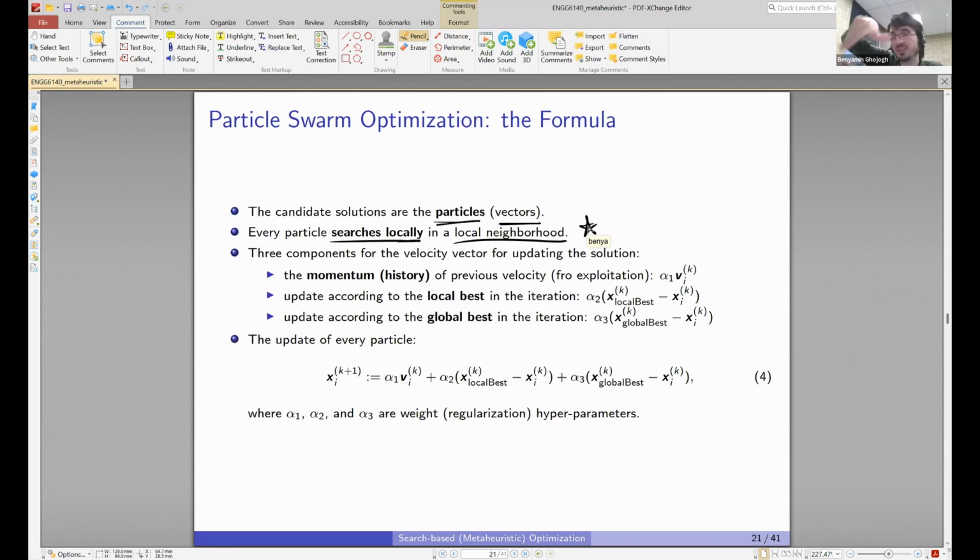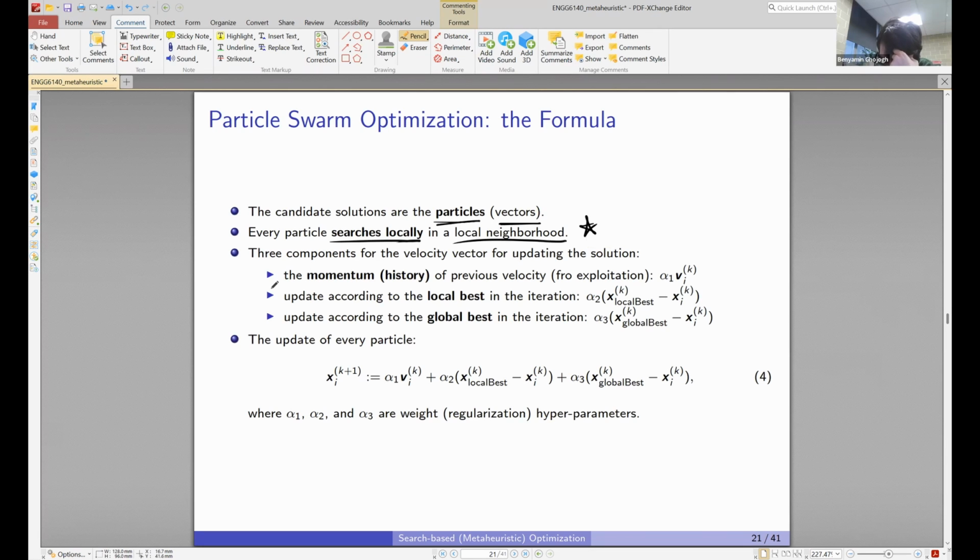So every chromosome doesn't have a local search around it. In the original variant of genetic algorithm, we have this. Maybe in some other variants of genetic algorithm, every chromosome also searches locally, but in the original variant, it doesn't have local search. However, in PSO, every particle has some local search in a neighborhood around every candidate solution.